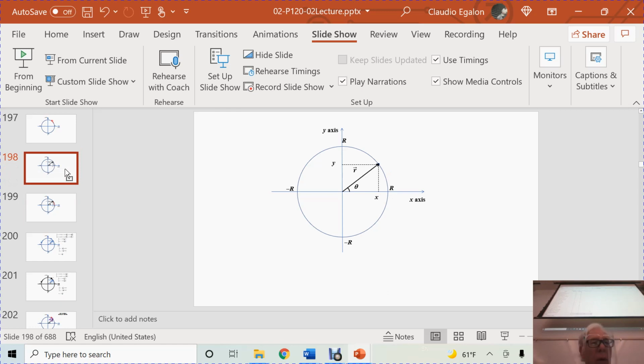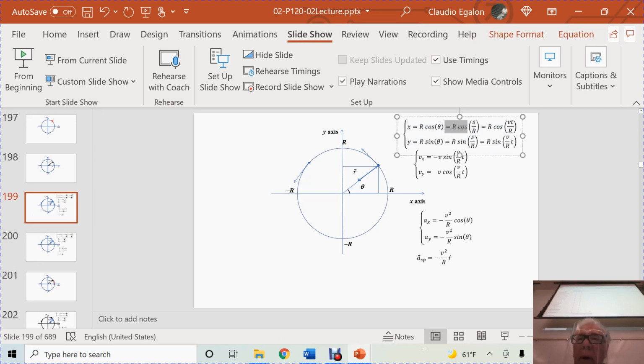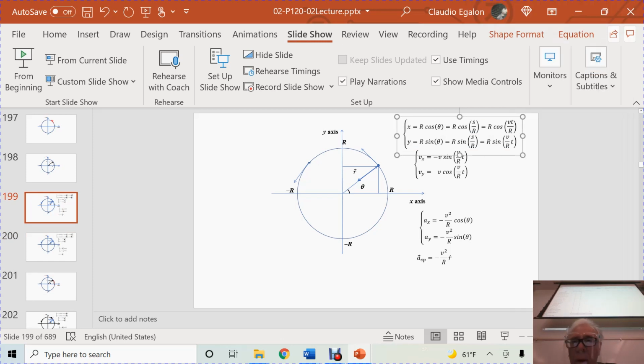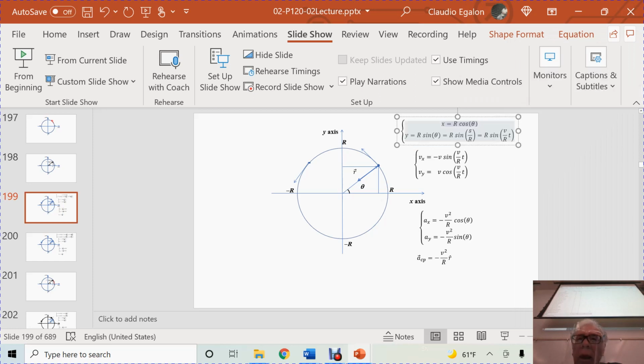Okay. And now, it's a matter of getting the proper... So the idea here is to get the equations of motion of a particle undergoing uniform circular motion.